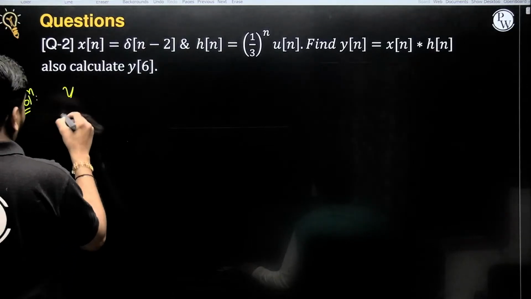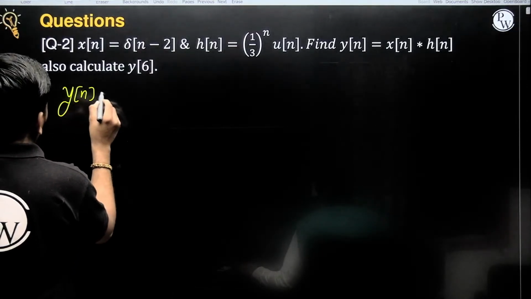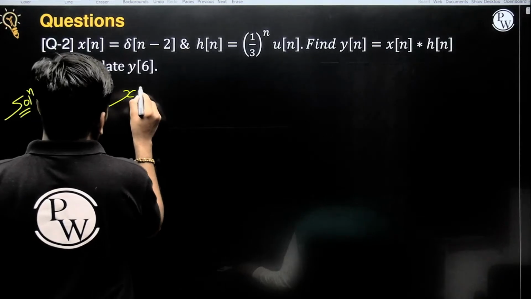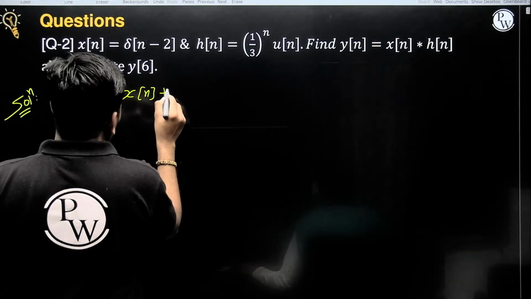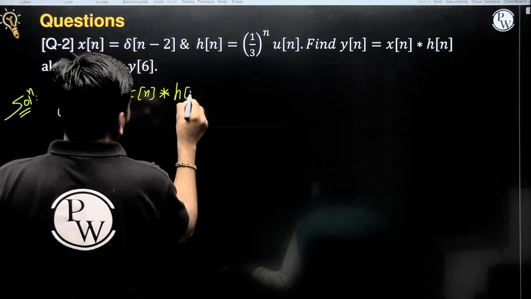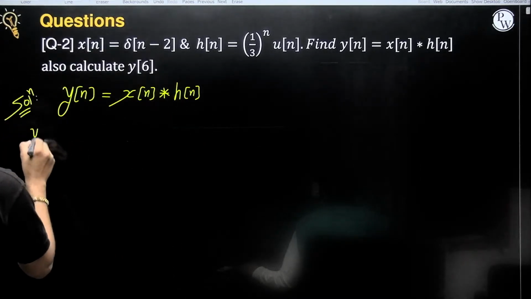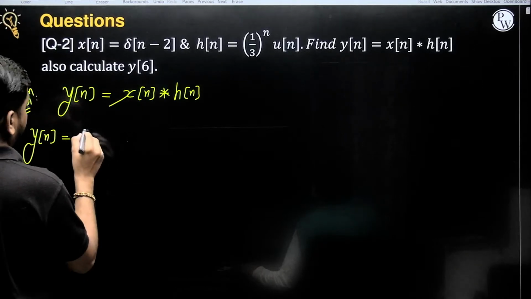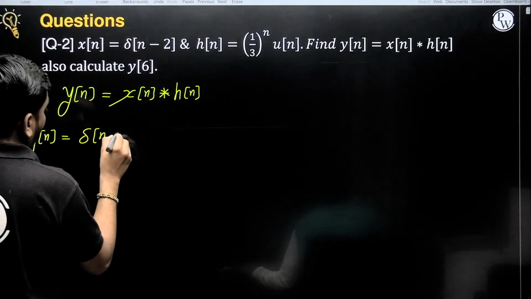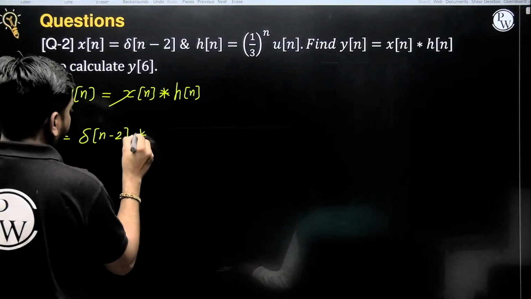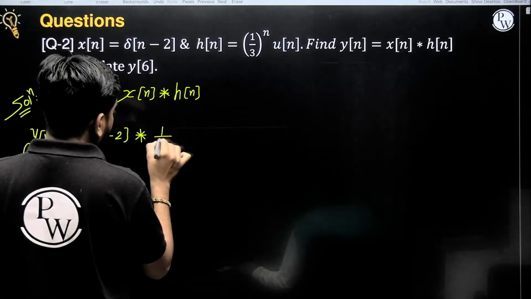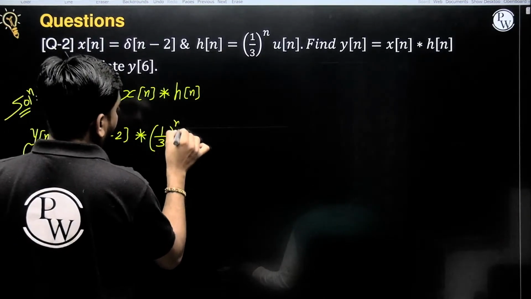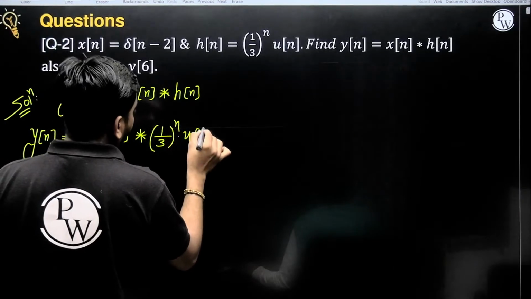Let us start. y of n is equal to x of n, guys, delta of n minus 2 convolution with 1 by 3 power n u of n.